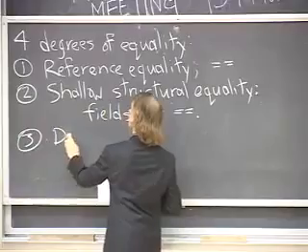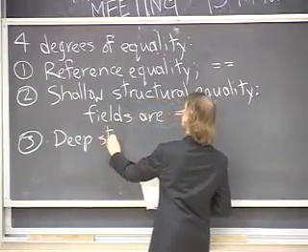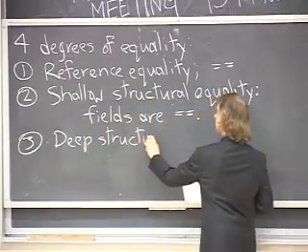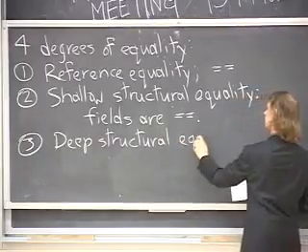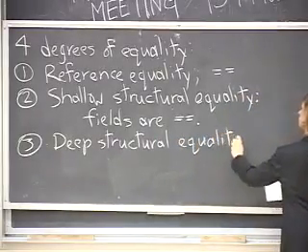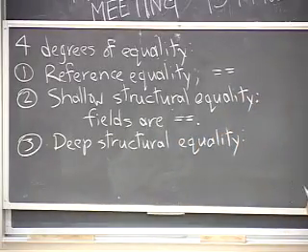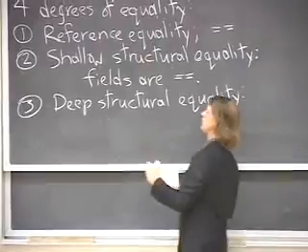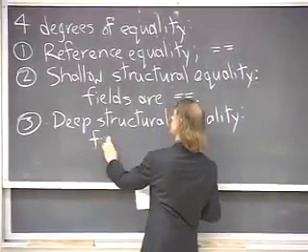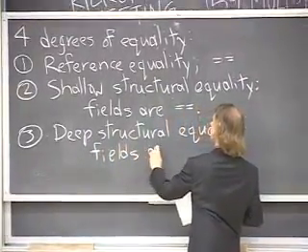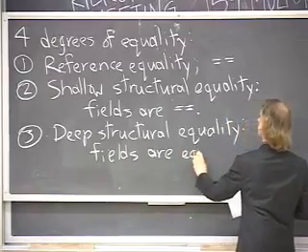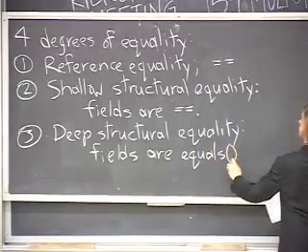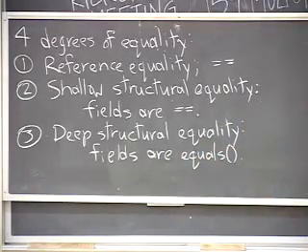But you could also talk about deep structural equality. Deep structural equality is a recursive kind of notion. Basically, two objects have deep structural equality if their fields are equal according to the equals method.